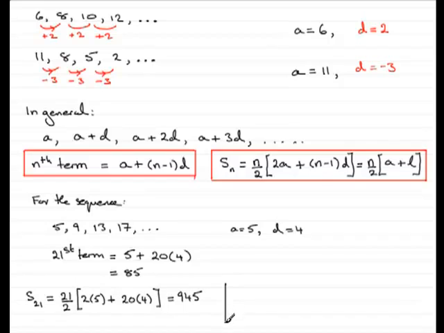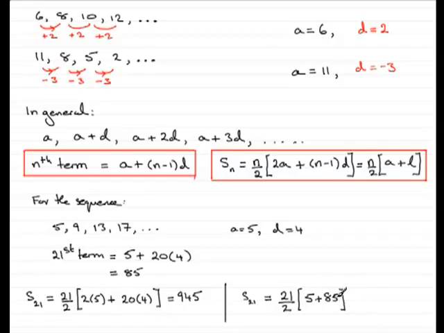Or we could use the formula here for working out the sum of 21 terms. We can use this particular formula because we know the last term, the 21st term. Here it is, here, 85. So we've got n over 2, so n would be 21 terms divided by 2, and then we multiply that by the first term, which we know is 5, plus the 21st term, the last term, which we now know is 85, and that's it.